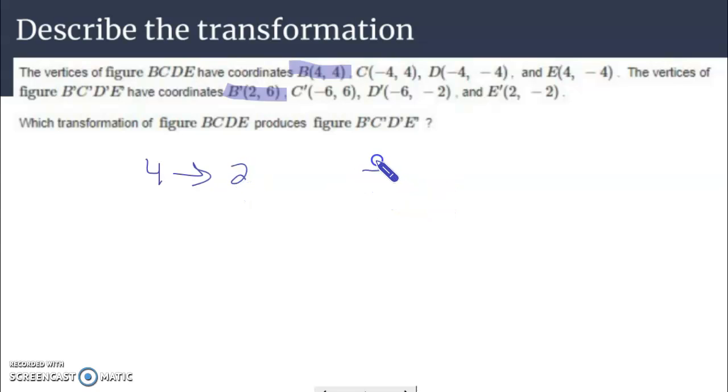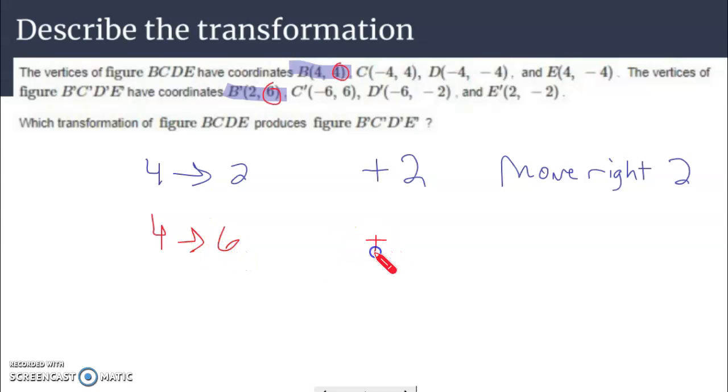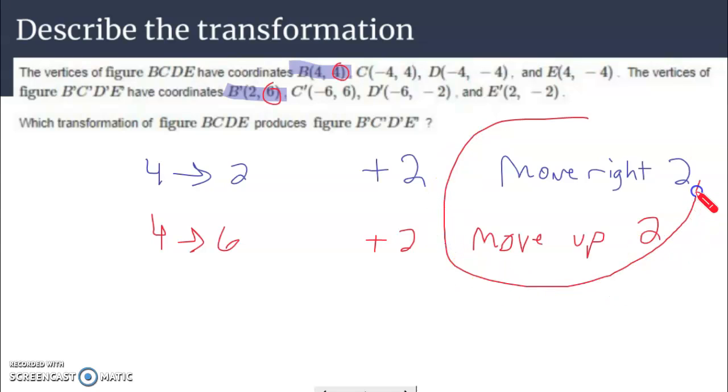That means we added 2 to the x coordinate, so we moved right 2 spaces. And if we look at the y coordinates, notice we go from a 4 to a 6, plus 2, we moved up 2. So this time they give us the coordinates and we describe the transformation that happened.